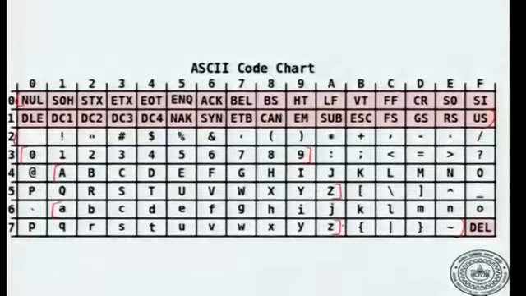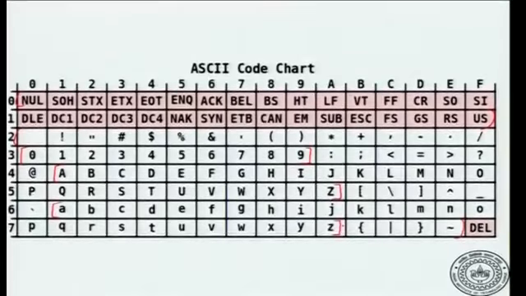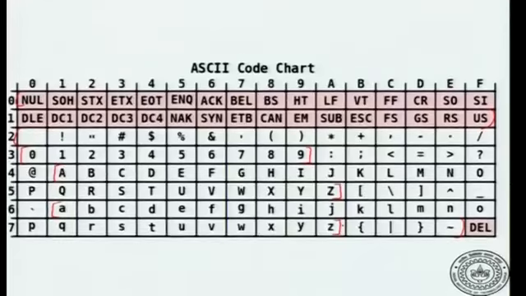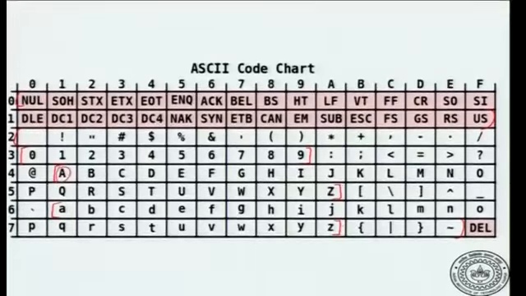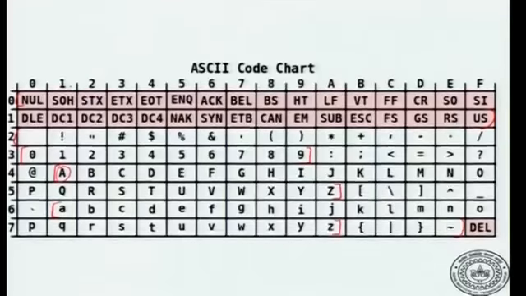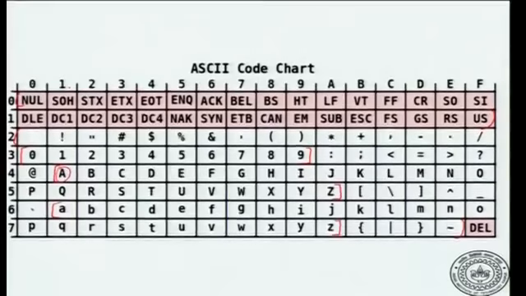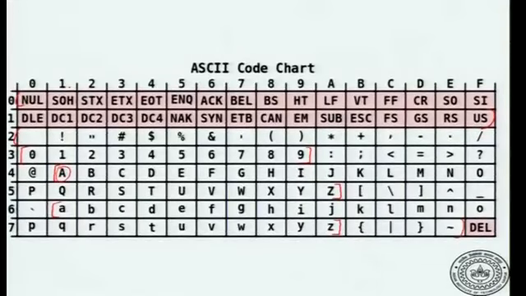We will see in a minute what kind of use we can obtain using these general properties, rather than knowing the specific thing like the character value of A is hex value 41 or decimal value 65. We need not remember this.